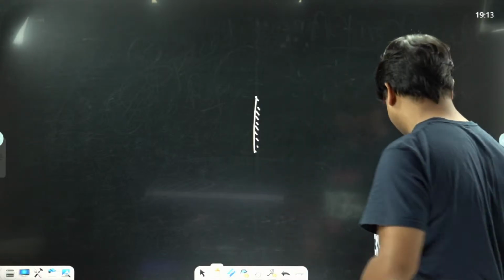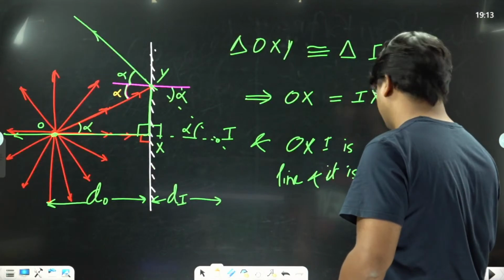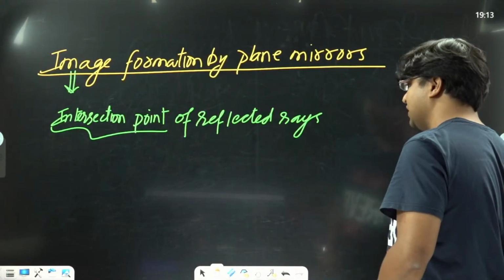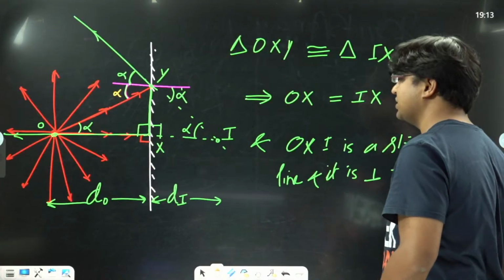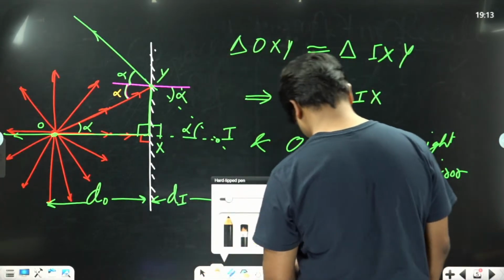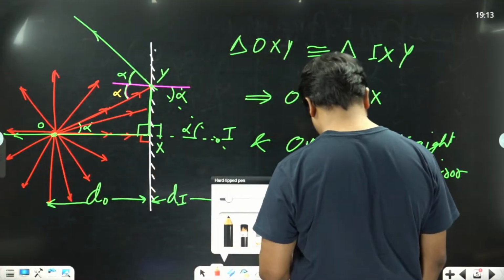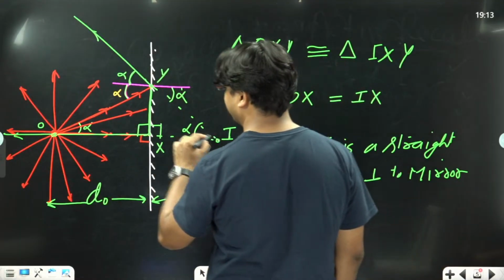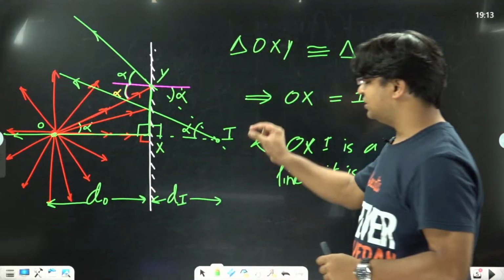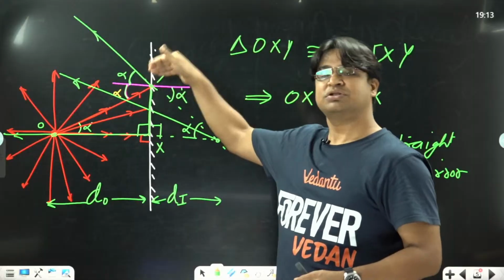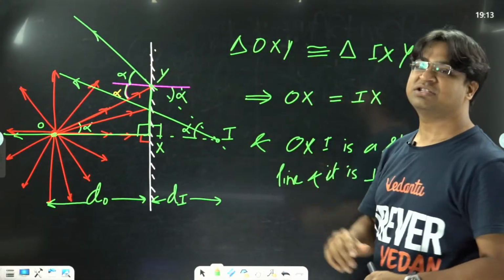And there's one more thing that we can probably try: if you would have chosen any other ray, you would still get the same result. Keep this in mind that you might have chosen any other ray. This ray after reflection would also have passed through this point. So you see that the location of this point is not dependent on angle alpha, which means we could have chosen any other ray and we would have still obtained the same image.